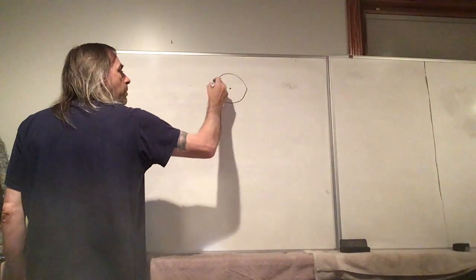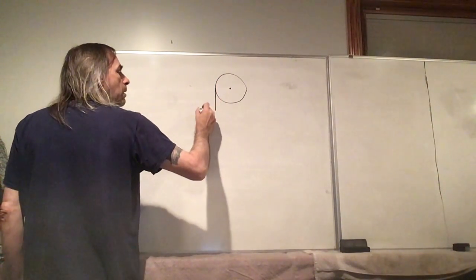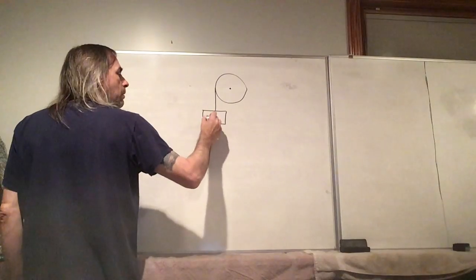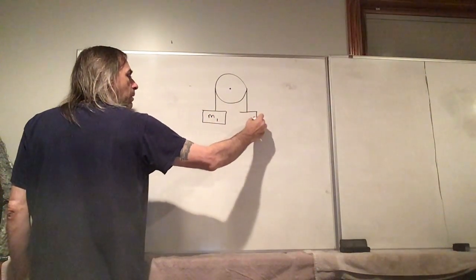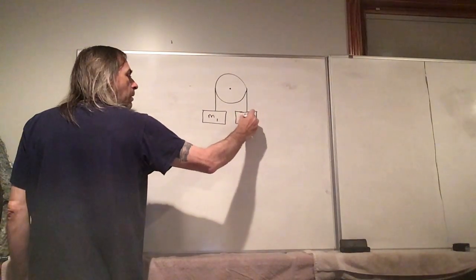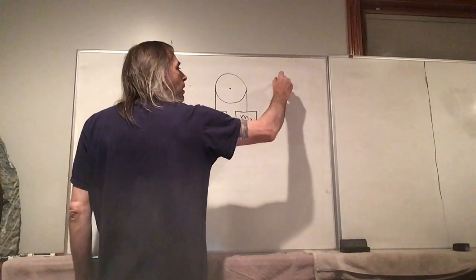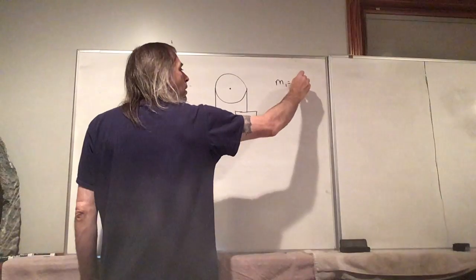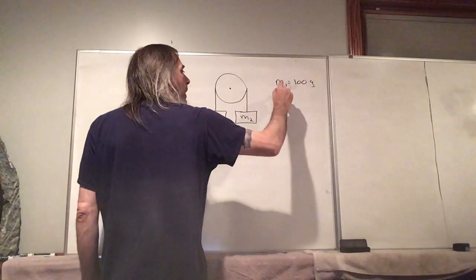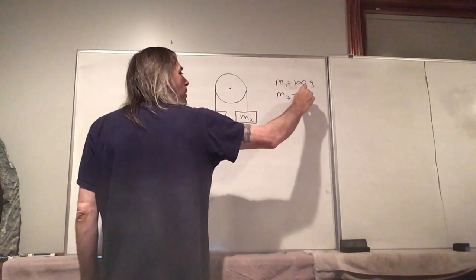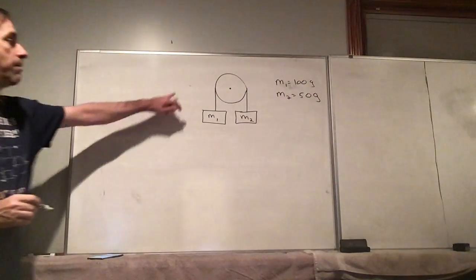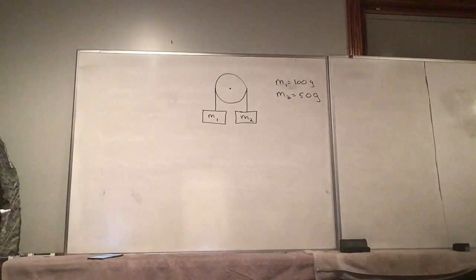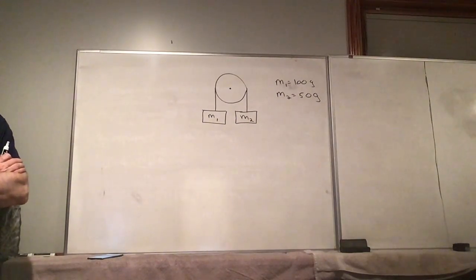Not the best circle, but use these numbers just like we had before. M1 and M2, 100 grams and 50 grams.